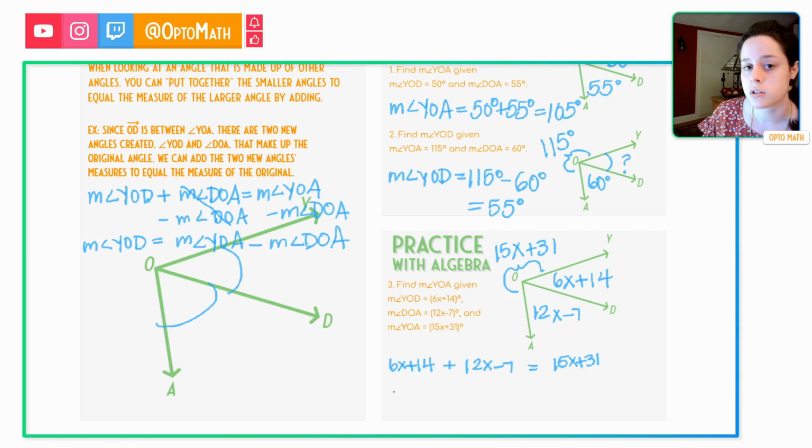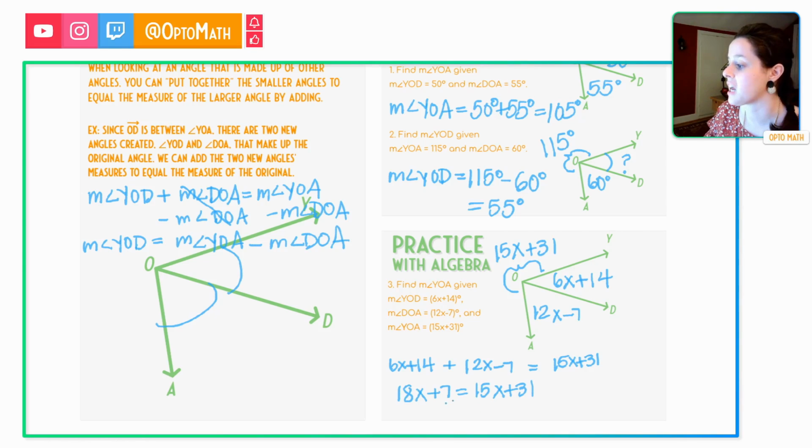Okay, so let's just combine like terms and solve the equation. 6x plus 12x is 18x. And 14 minus 7 is 7, so plus 7. I'm going to keep my equal sign a little bit to the left here, and I'll go ahead and rewrite that right-hand side of the equation, 15x plus 31. Now let's continue to solve.